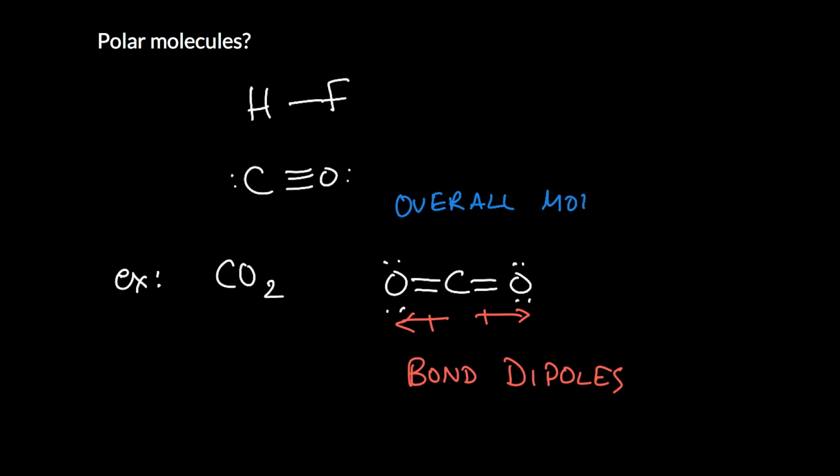So the overall molecular dipole equals 0. So the bond dipoles cancel out. So we have to basically sum together the bond dipoles, this one pulling to the left and this one pulling to the right, to get my overall one. And there's actually a couple of different ways you can do this. You can take each dipole and write them.